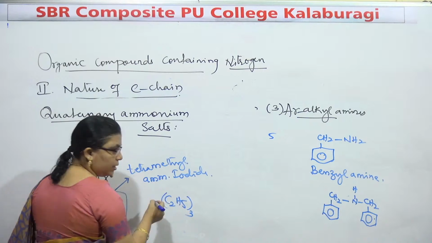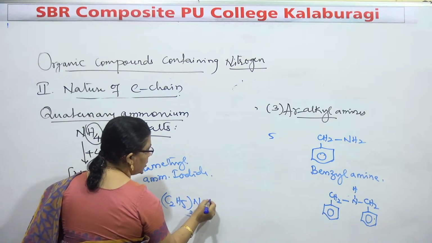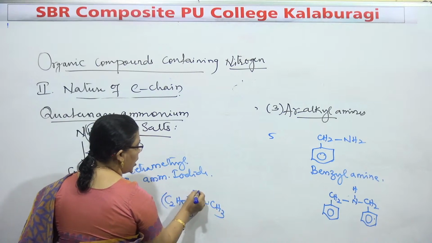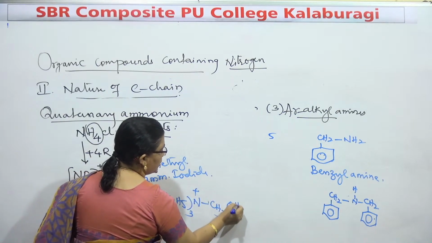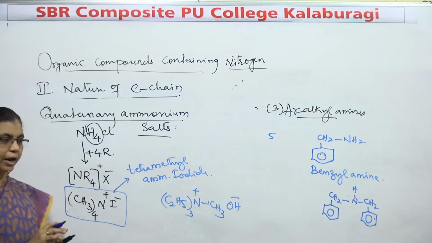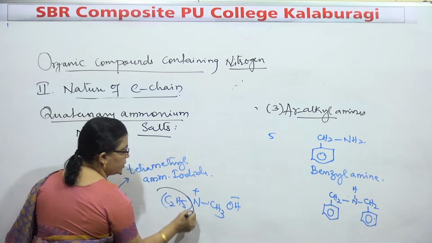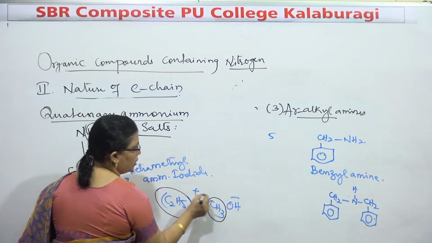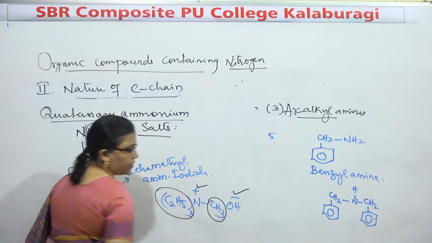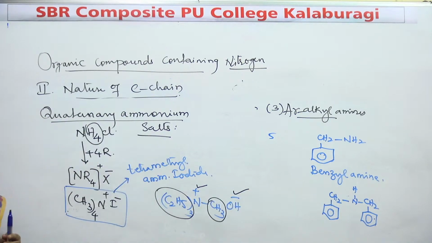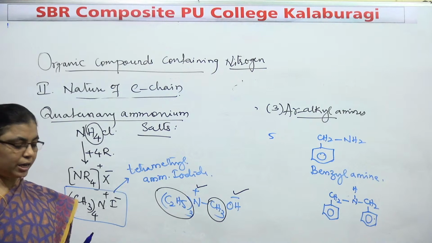Triethyl methyl ammonium hydroxide. This is triethyl methyl ammonium hydroxide. This is also an example of a quaternary ammonium salt.